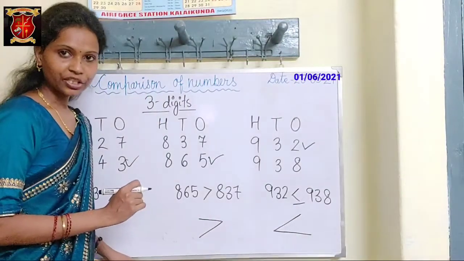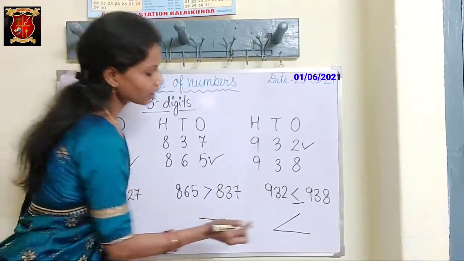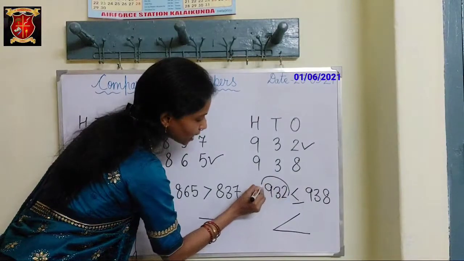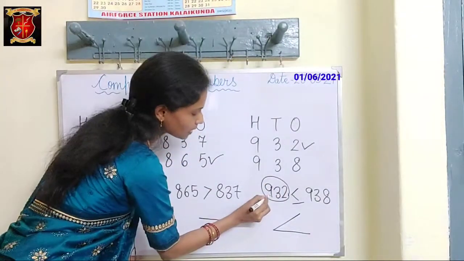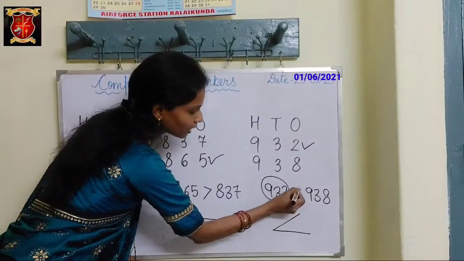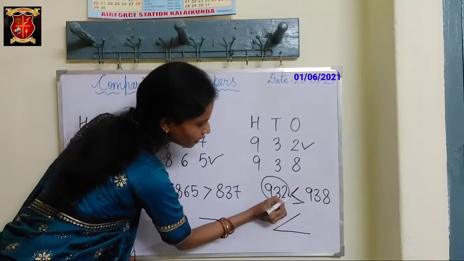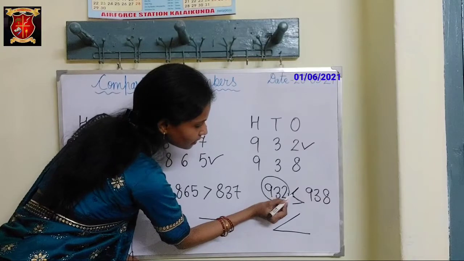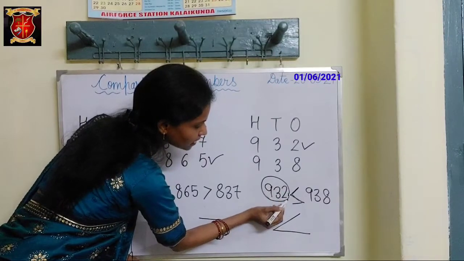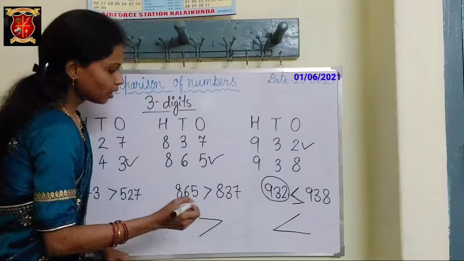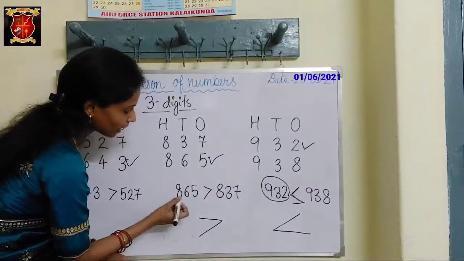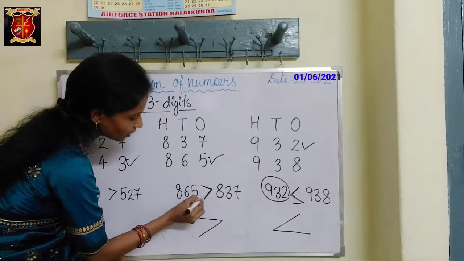When the question is asking less than, you have to write the number which is less. So this is the smallest number and we put the sign like this. That means on this side we will write the number which is less and on this side we will write the number which is greater.